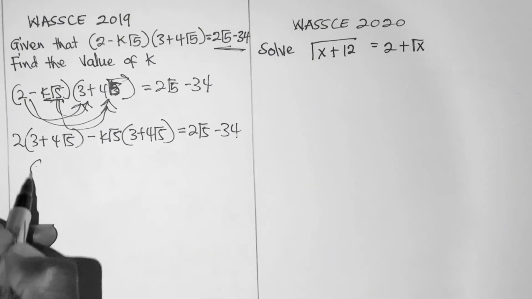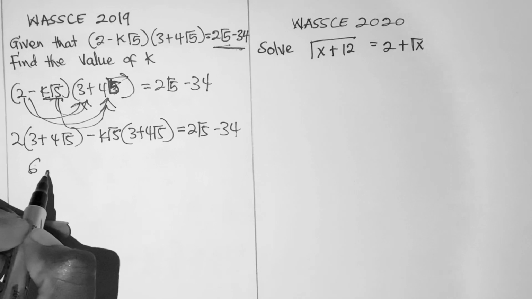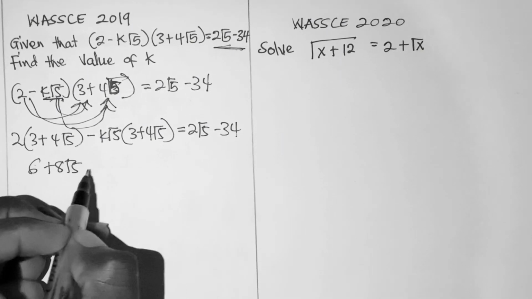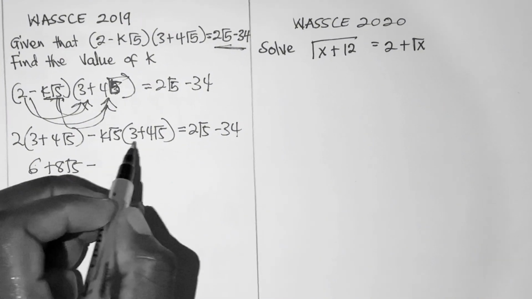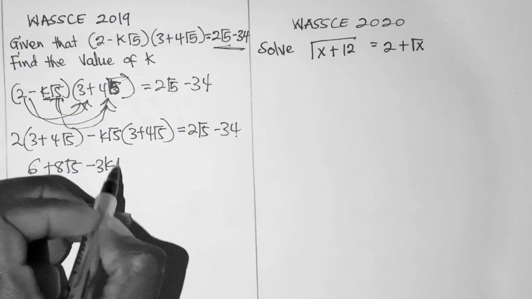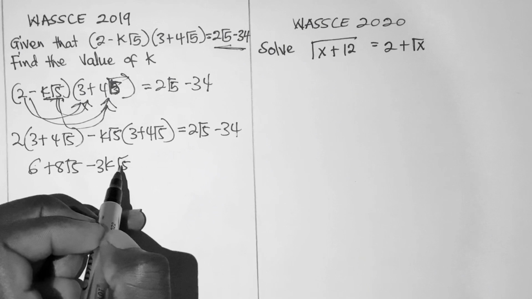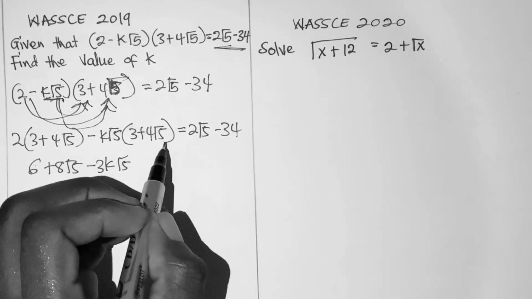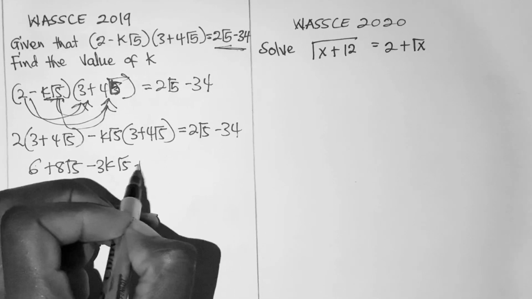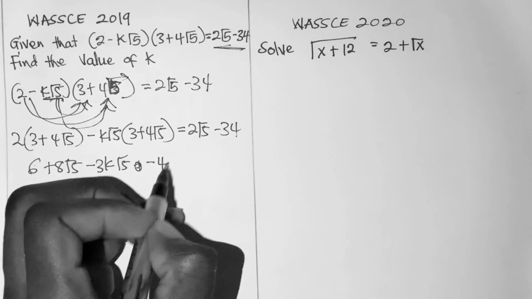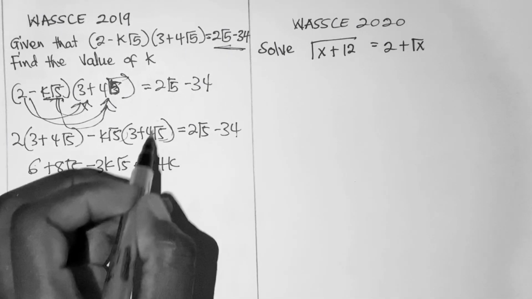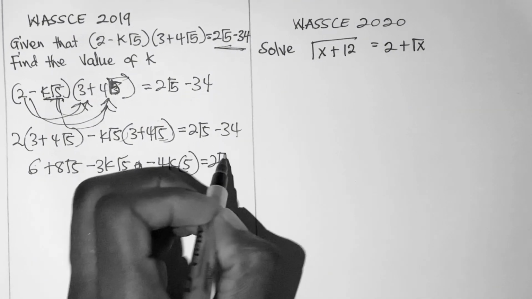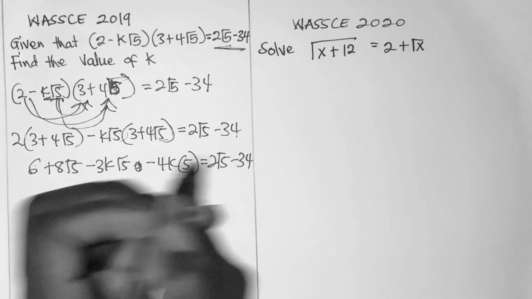So 2 times 3 is 6. And then 2 times 4 root 5 is 8 root 5. Then minus k root 5 times 3 is minus 3k root 5. Then minus k root 5 times 4 root 5 becomes minus 4k, then root 5 times root 5 is 5, so times 5 equals 2 root 5 minus 34.